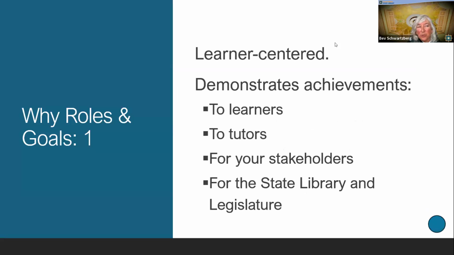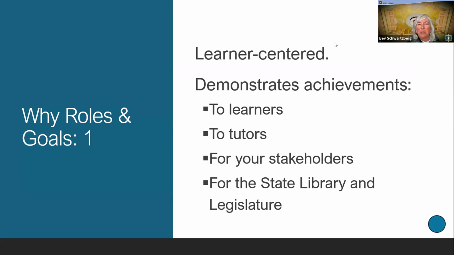So why roles and goals? We are always seeking a way to document achievements of learners in CLLS programs. And roles and goals is a way to document those achievements in a way that's really learner-centered, as the focus of CLLS philosophy really is as well.